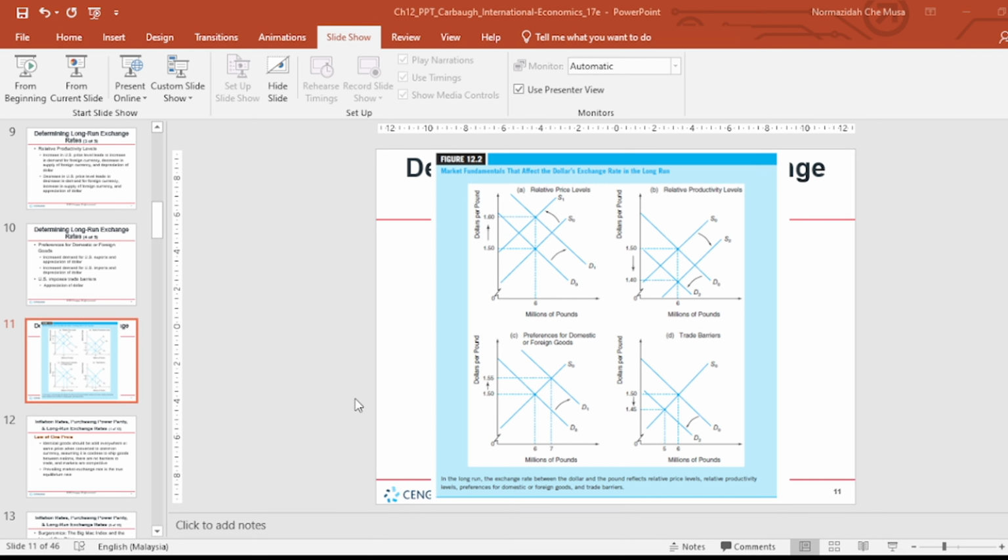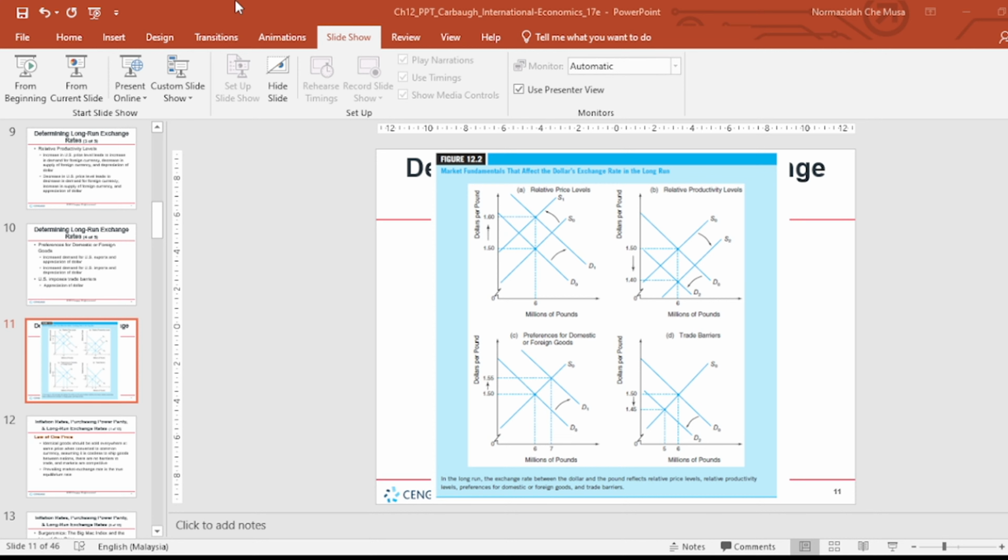As you notice here, only one shift, not two shifts, because in the first example and the second case, that involves simultaneously import and export.